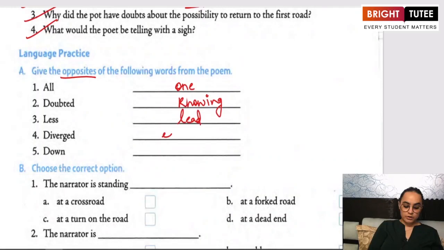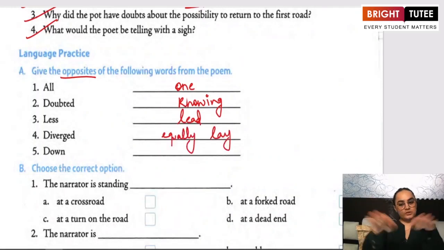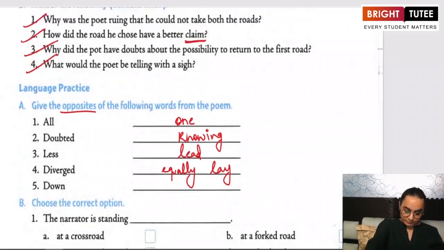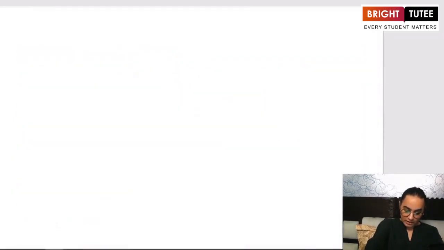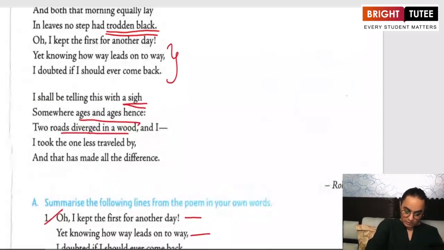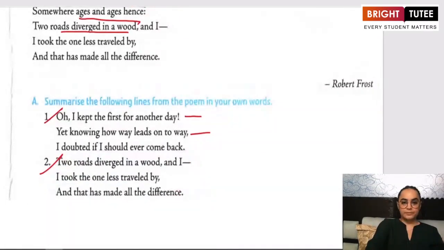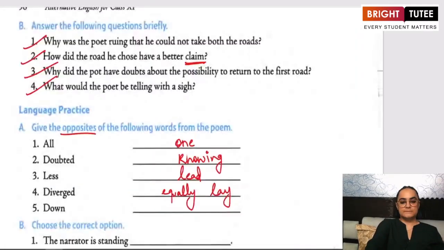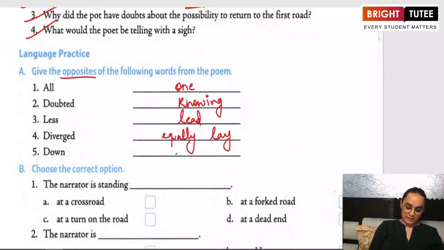It is written, diverging is moving in opposite directions, and equally lay means lying at the same place. And yes, then we have down. There is a second. Yes. So down is hence.